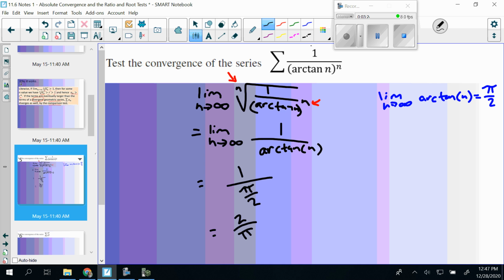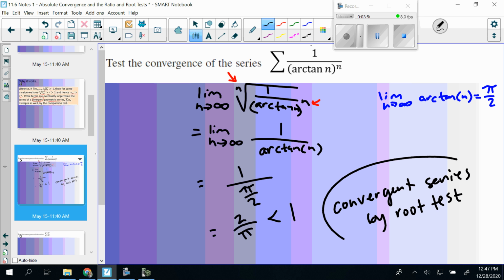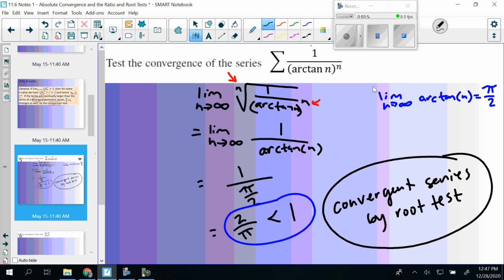I know pi is about 3.14, so if I took 2 divided by 3.14, that's definitely going to be something less than 1. And for root test, that's what we want to check. Is it bigger than 1 or less than 1? If it's less than 1, that means we have a convergent series by root test here, because it ends up being less than 1.